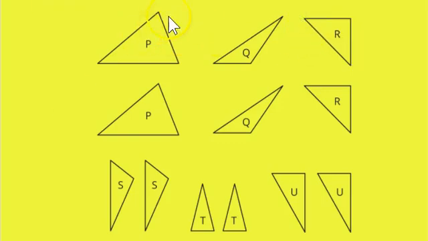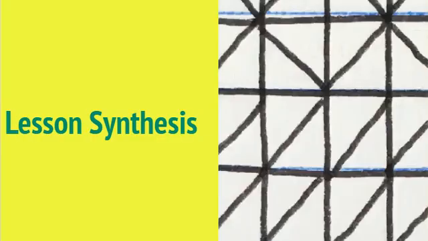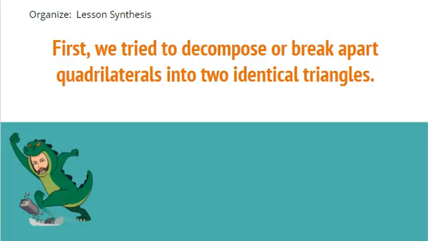Okay. All right. So what does that all mean? Well, first we tried to decompose or break apart quadrilaterals into two identical triangles. We found that not all quadrilaterals can make two identical triangles, but parallelograms, we can make identical triangles.